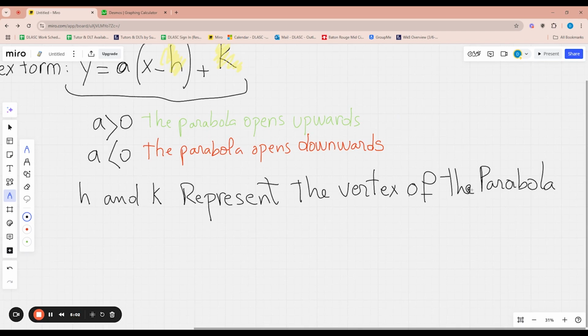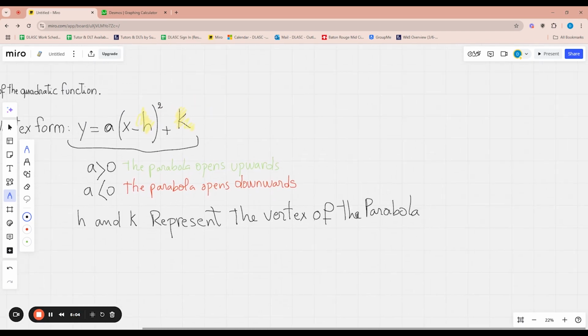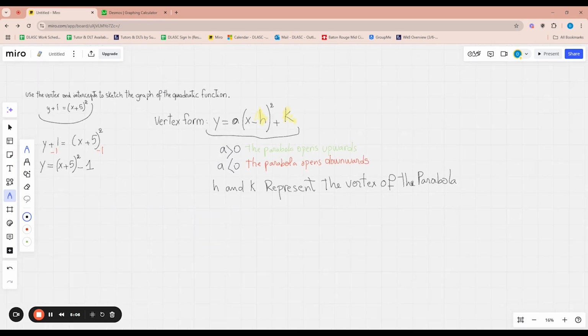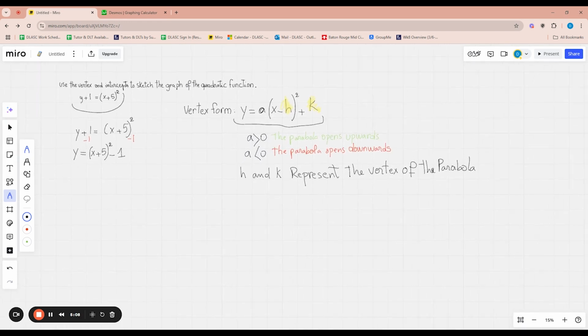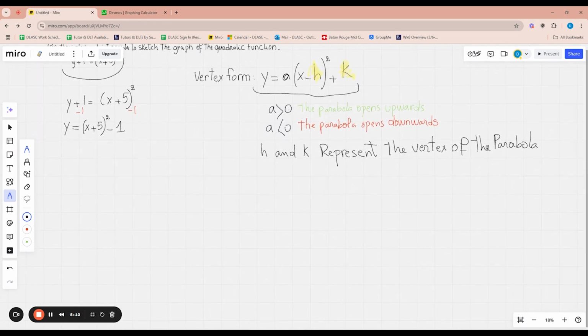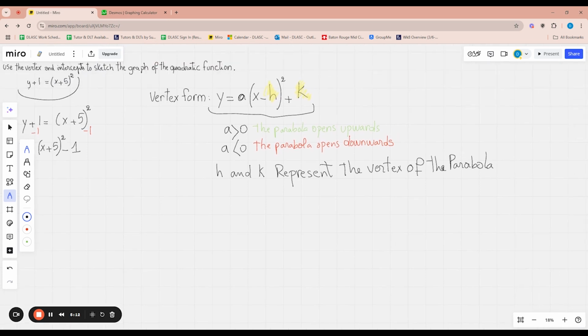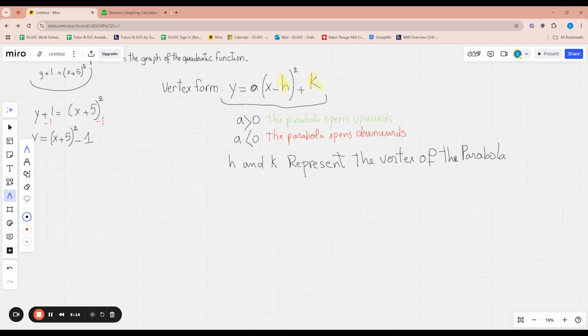Let me make it small so if you want to take a screenshot. In another way, h and k give us the coordinates of the vertex.